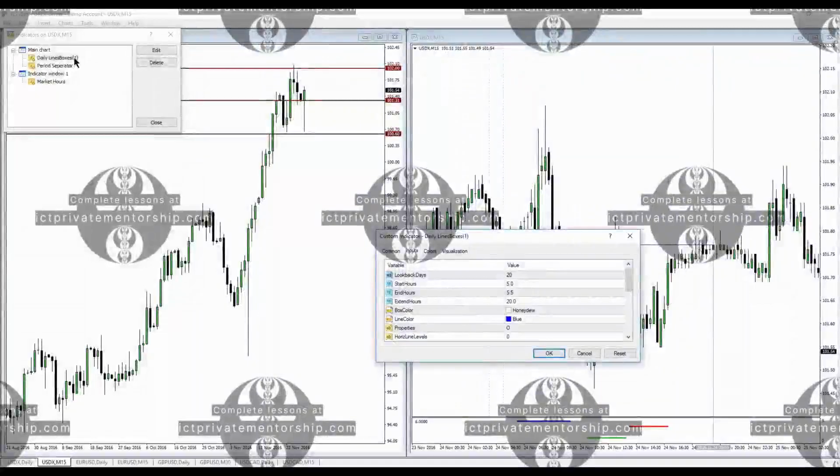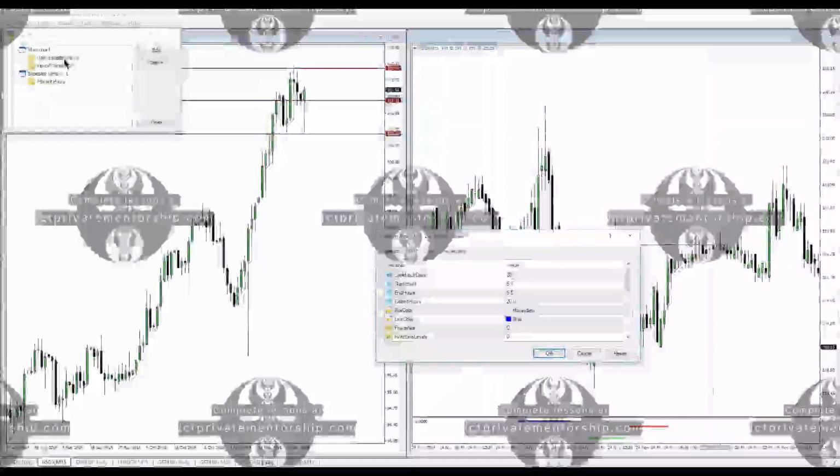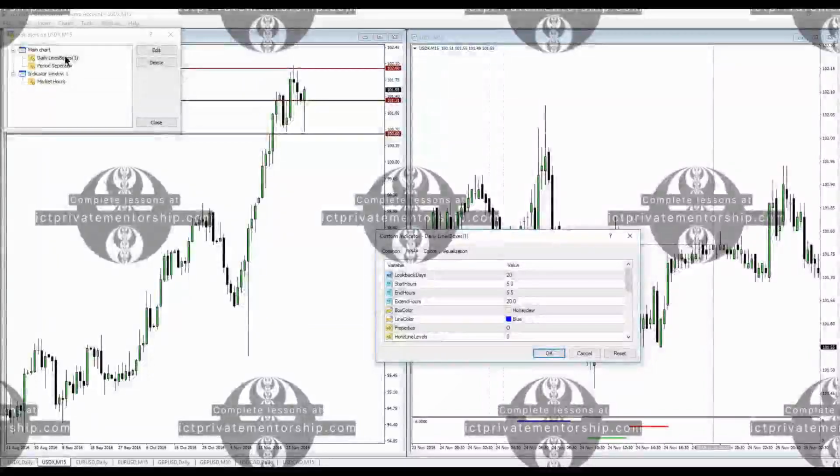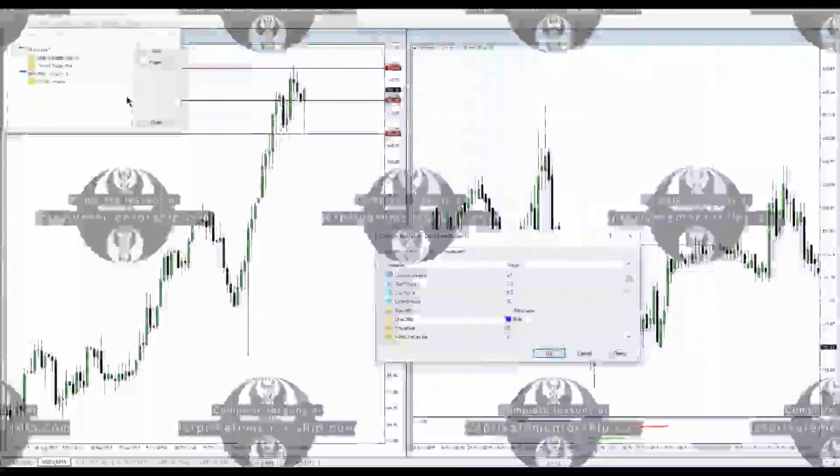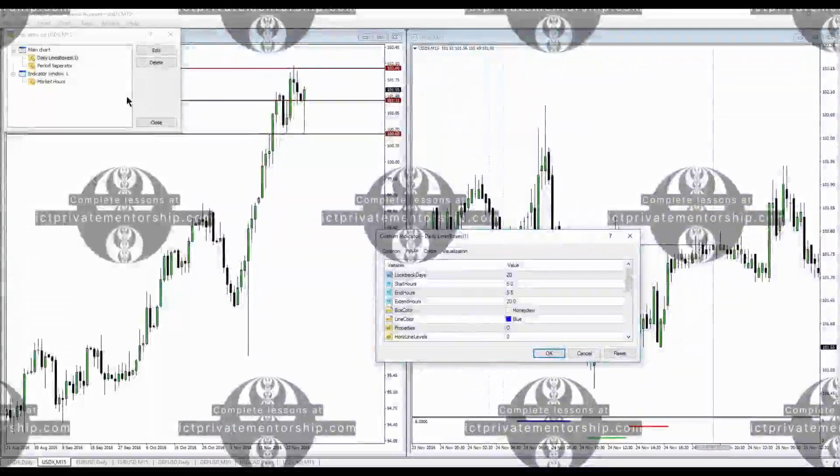The reason this has parentheses around one is that I created a copy of it on my computer, and I grabbed this one to use. But the indicator is daily space lines boxes, all one word. If you do a search on Forex Factory's forum, you actually get the thread that this gentleman put up there, and it gives you a lot more detail about what can be put in here for properties. It's amazing how much you can do with this one little indicator, but for me, I like only having what I have on the chart right now.